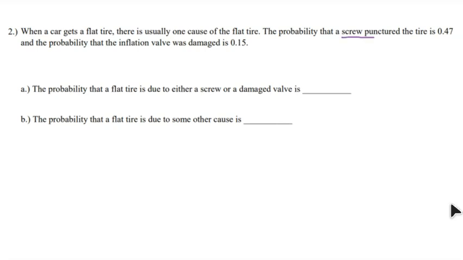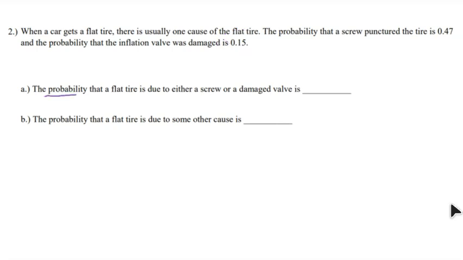But the probability of a screw puncturing the tire is 0.47. The probability that the inflation valve, where you put the air in, was damaged, meaning there's air coming out where the air goes in, is 0.15, okay?